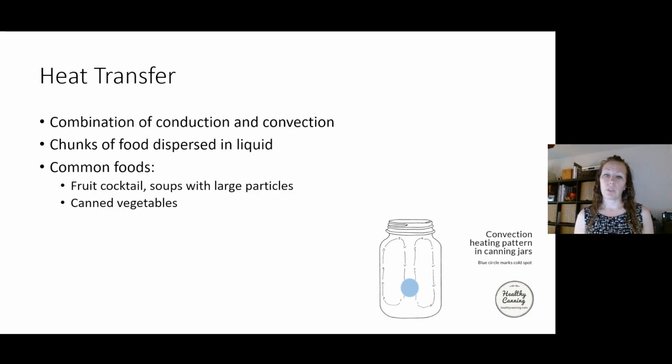And just like with convection, I used the same image here, the cold spot in these is going to be just below the center of the can. And it's important to know where that cold spot is, because when they are validating these processes to make sure that the time-temperature combination used in that canned good is achieving the commercial sterilization that they want, they will insert thermometers into the can.